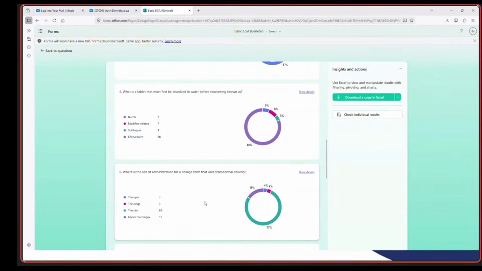Where is the site of administration for a dosage form that uses transdermal delivery? So where will you have a dosage form that is transdermal delivered? Is it the eyes, the lungs, the skin, or under the tongue?